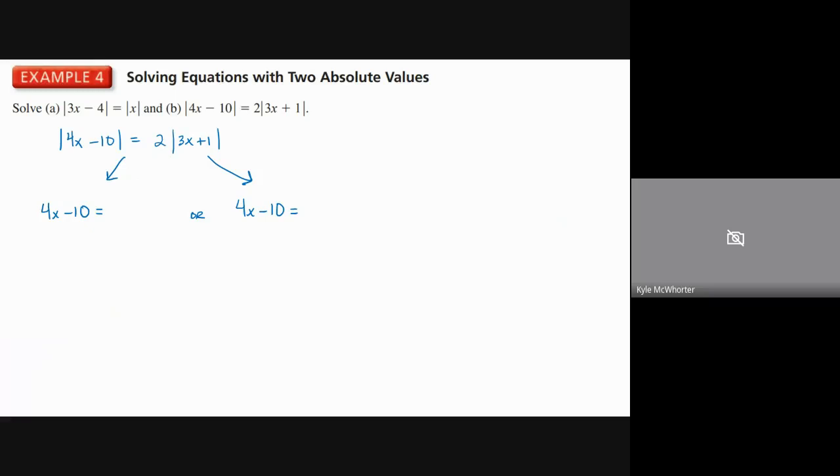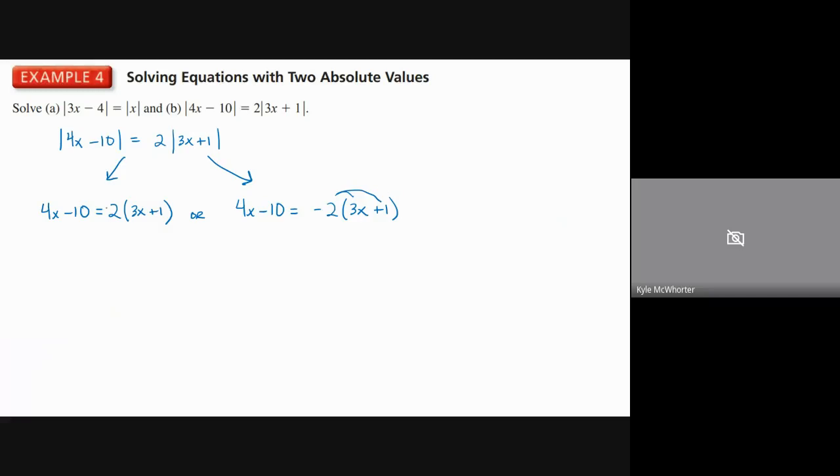The first one we're going to do 2 times 3x plus 1. So that means that we're just going to do parentheses for the 3x plus 1. I might have said minus, sorry. But for the next one, we're just going to put a negative. So negative 2 times 3x plus 1. We only need to put the negative in front of the 2 because the negative 2 is going to get distributed through there. So we're multiplying the whole side by a negative.